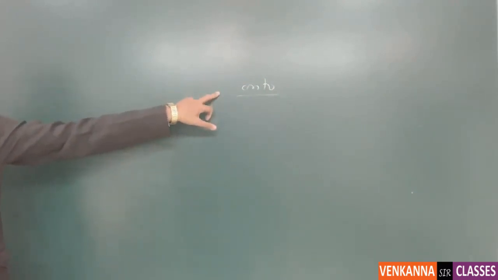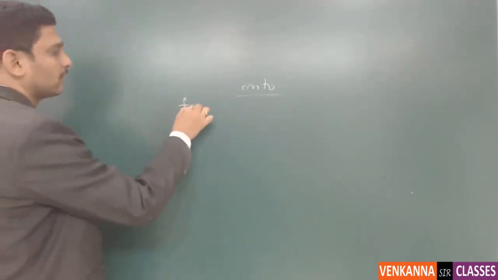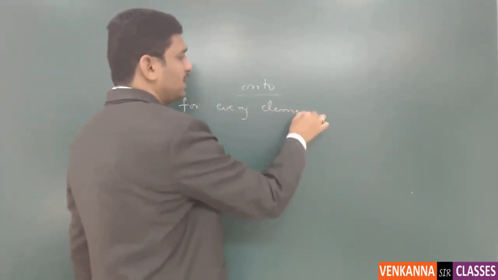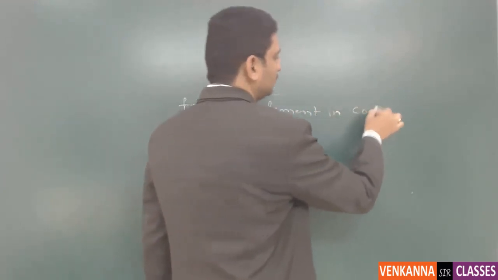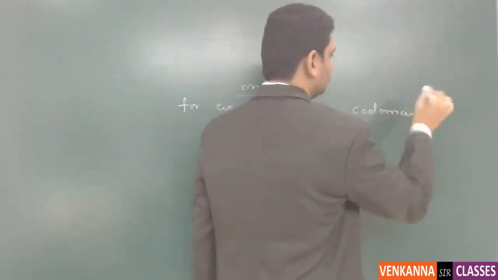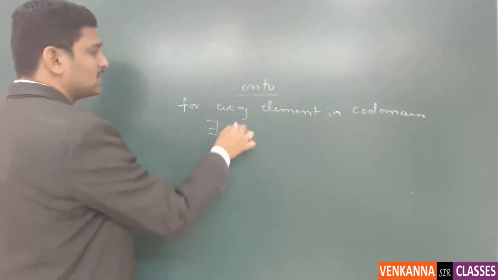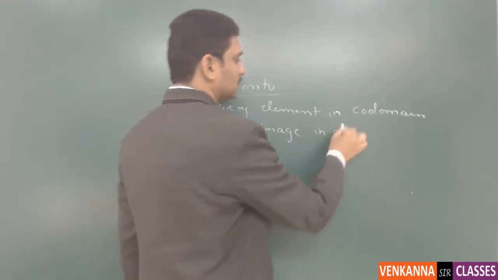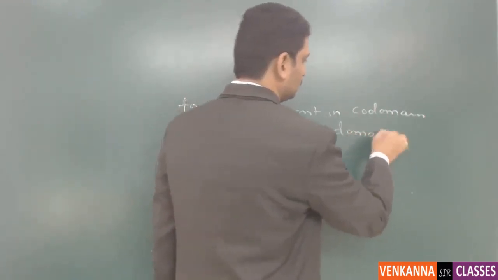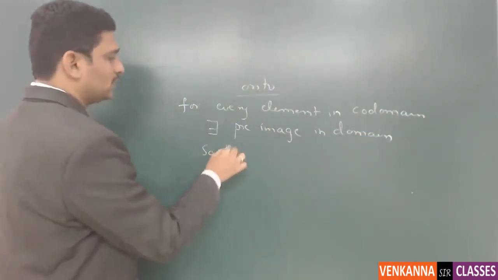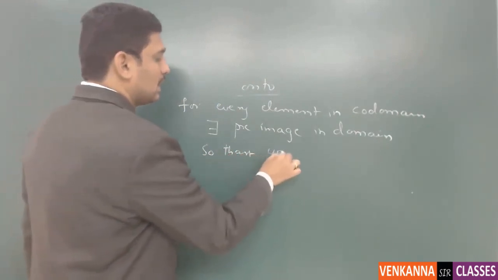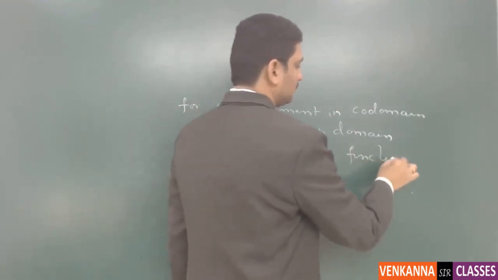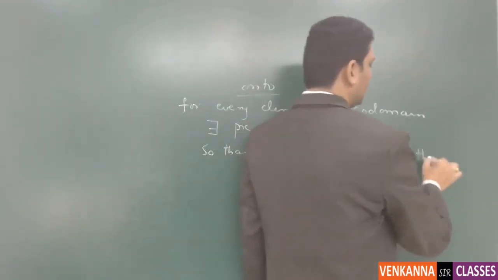The definition of onto, if you consider, for every element in codomain, there exists pre-image in domain, so that under the function they are paired.